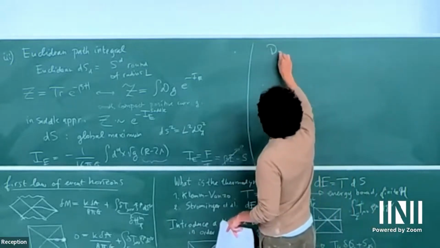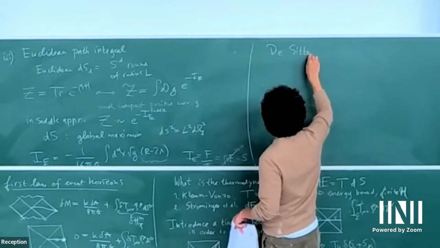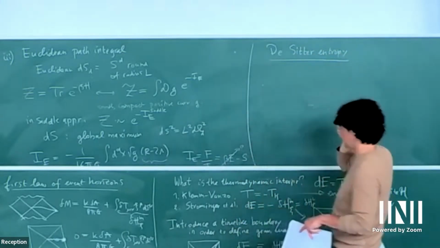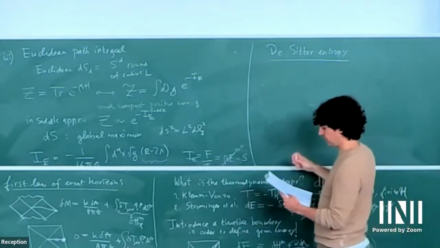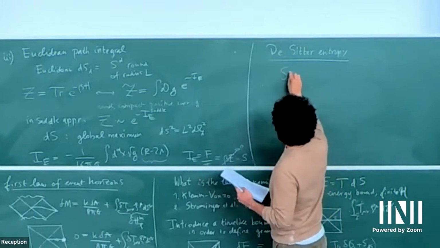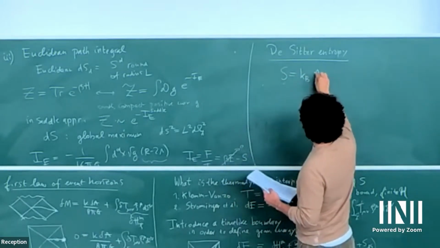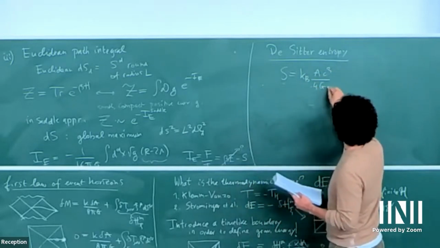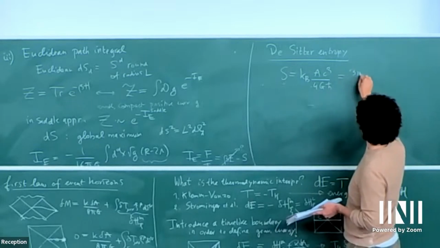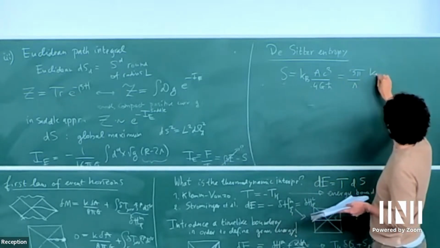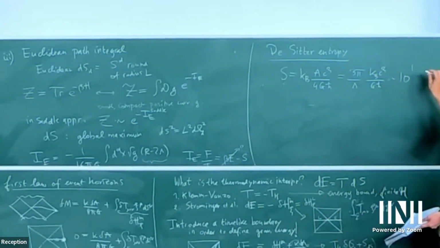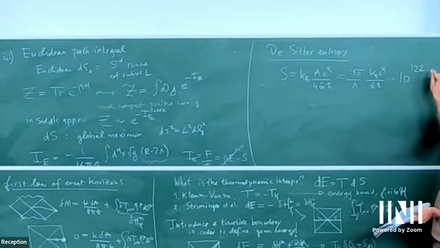I want to talk more about this. So let me first give some numbers actually, which is kind of fun. If you reinstate all the constants of nature and you compute it for de Sitter space, then you get 10 to the 122.